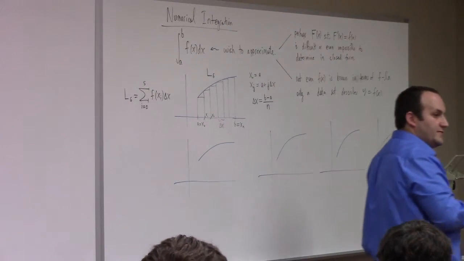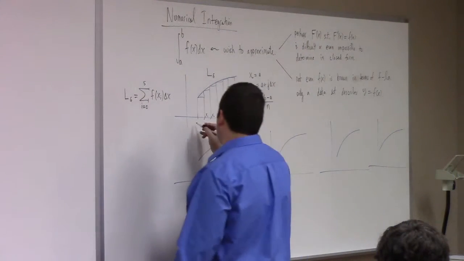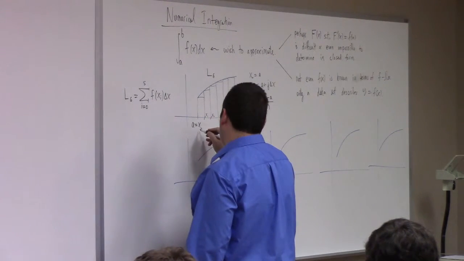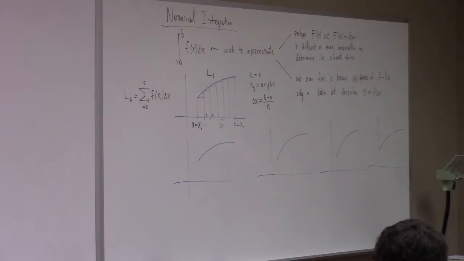This is the left endpoint rule. Yes? Yeah, x sub naught, the 0th x. Yeah, no problem. So that will be the left endpoint rule.